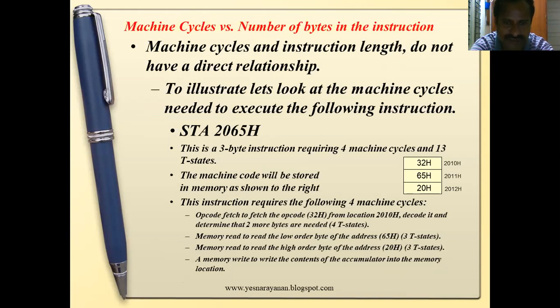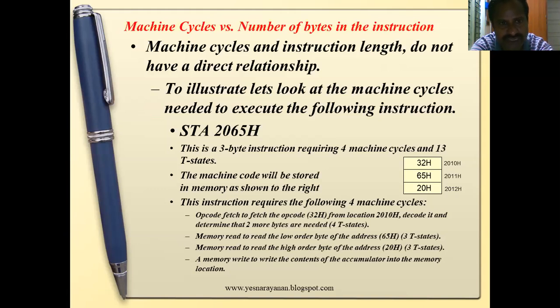To illustrate, let us look at the machine cycles needed to execute the following instruction. STA 2065H, store accumulator direct.